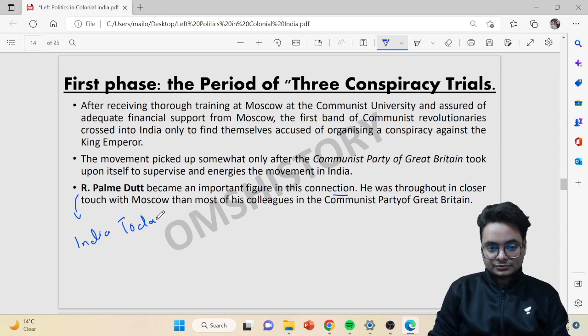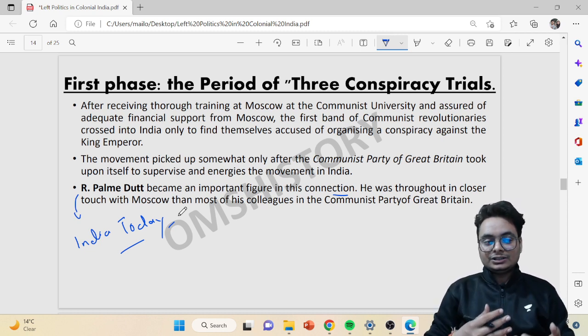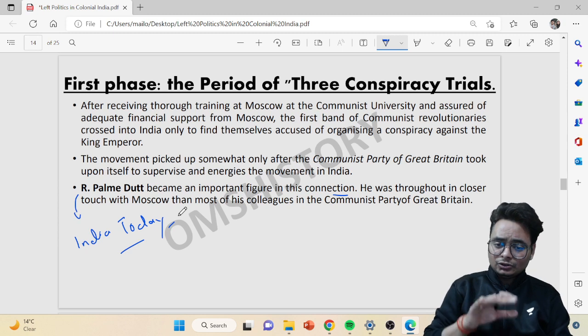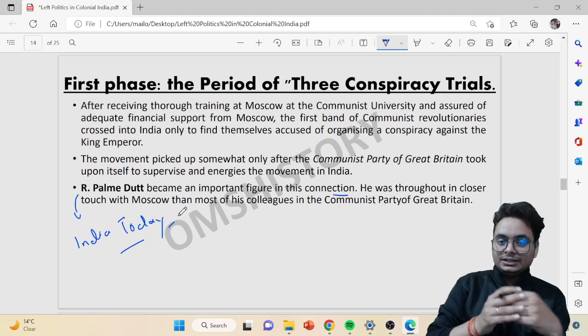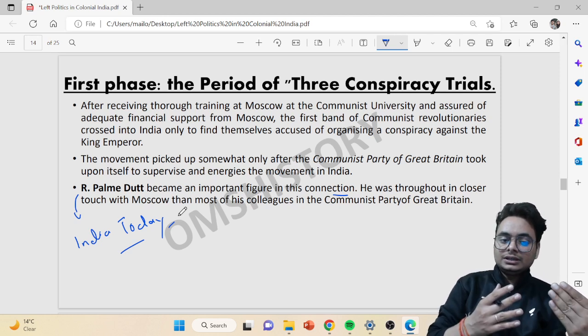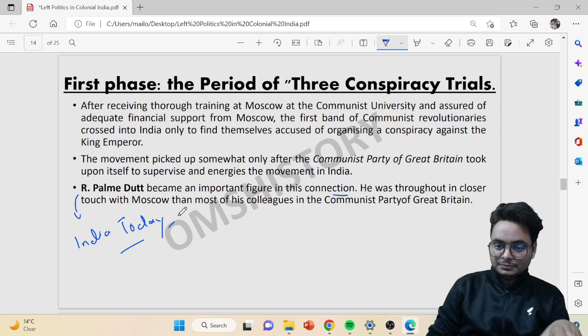It was the first communist work in India which looked towards the Indian national movement, and which described the very nature of the Indian national movement. Anyway, so RP Dutt became an important figure in this connection, and he was throughout in closer touch with Moscow than most of his colleagues in the Communist Party of Great Britain.